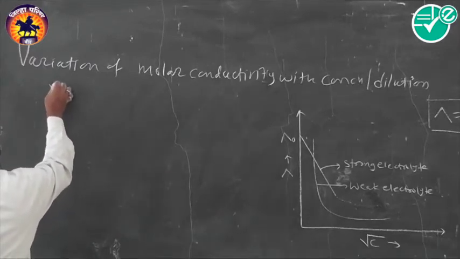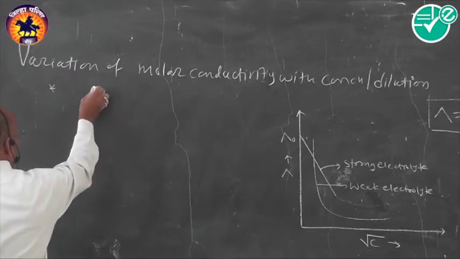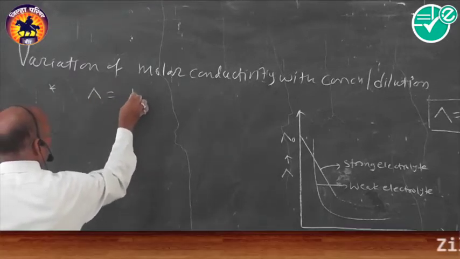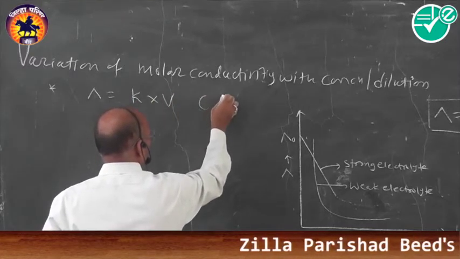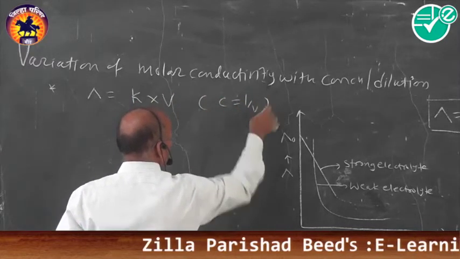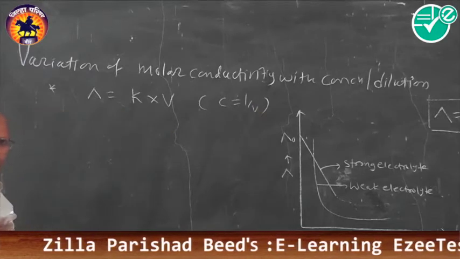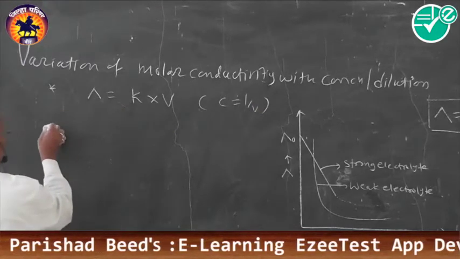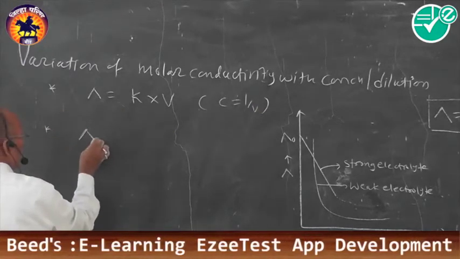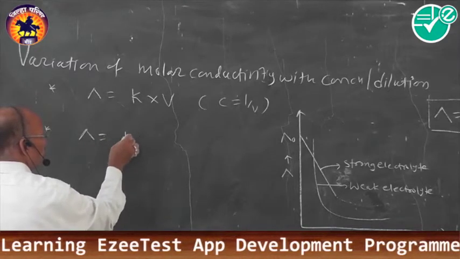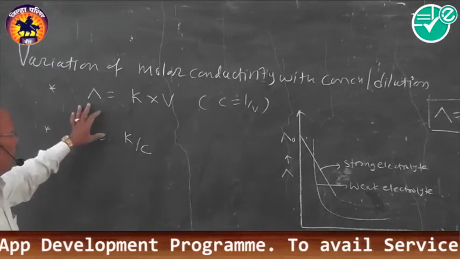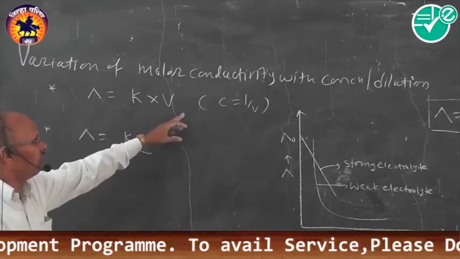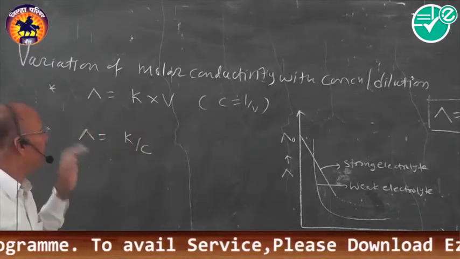First, we know the equation lambda is equal to K into V, because concentration is equal to 1 by V, where V is the dilution. The second equation is lambda is equal to K by C. Okay, first one. Now in this particular case, what happens here, check this.